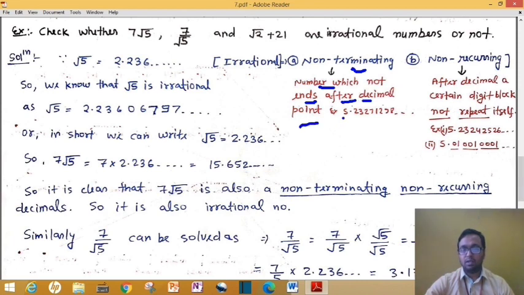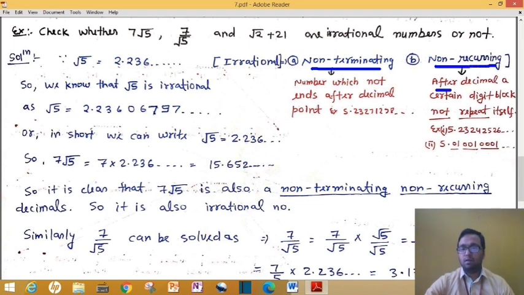Like here we have mentioned 5.23271298 and so on. Means you can write a number which is never ending. Okay, it never terminates. So you can see that this number is non-terminating.